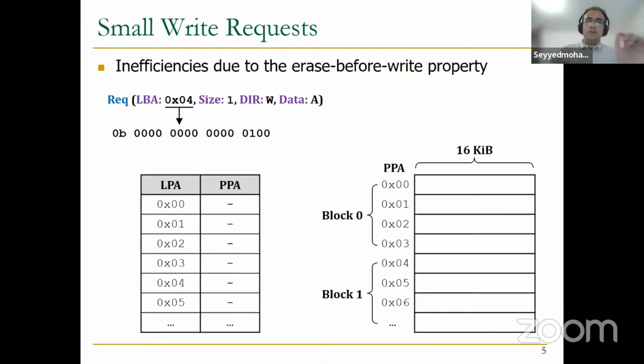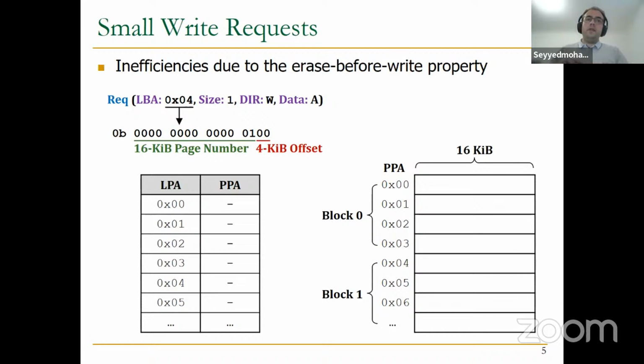When you write the logical block address in bits, we use the 2 least significant bits as the offset, because our pages are 16 kilobytes but our request could be 4 kilobytes. So we can have 4 requests in one page, and in order to differentiate between them, we use the 2 least significant bits in the address as an offset.